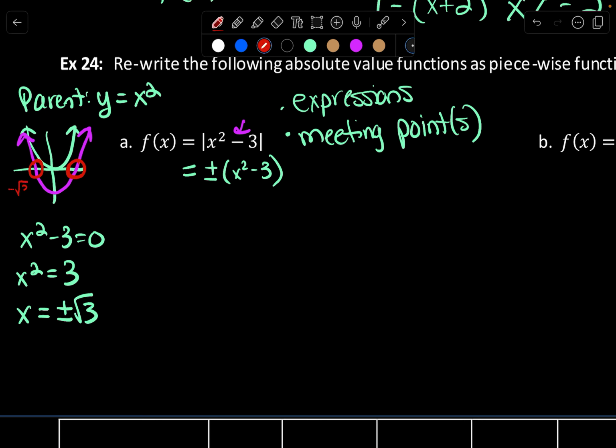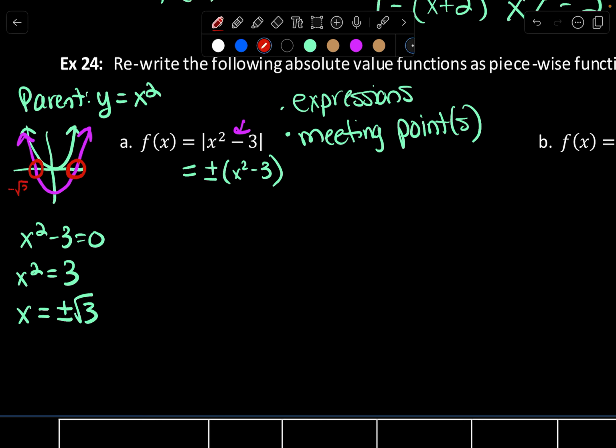We'll end up with negative x squared plus 3. And the plus 3 makes sense as well because now your vertex for that is passing on the positive end, where it's +3, as opposed to before, it was passing through -3 down here. But since we flipped it over, we need to use that to show that reflection there.